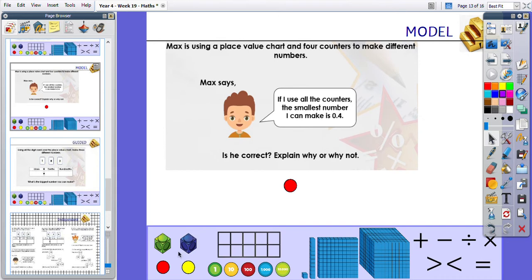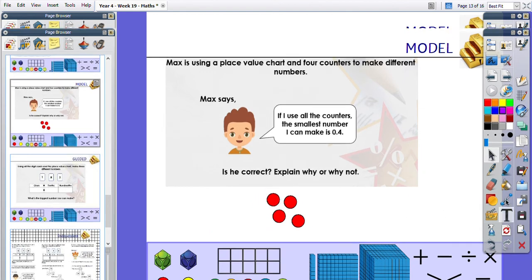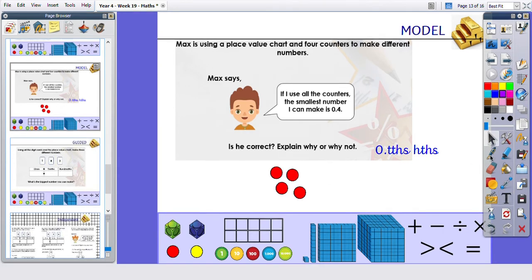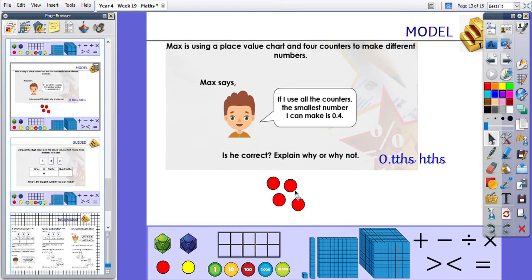So Max has 4 counters and he wants to find the smallest number he can make. So we know that we've been dealing with ones, we've been dealing with our decimal point, our tenths and our hundredths. Okay, so if we popped all of our counters in our tenths column, we are showing what Max has done.